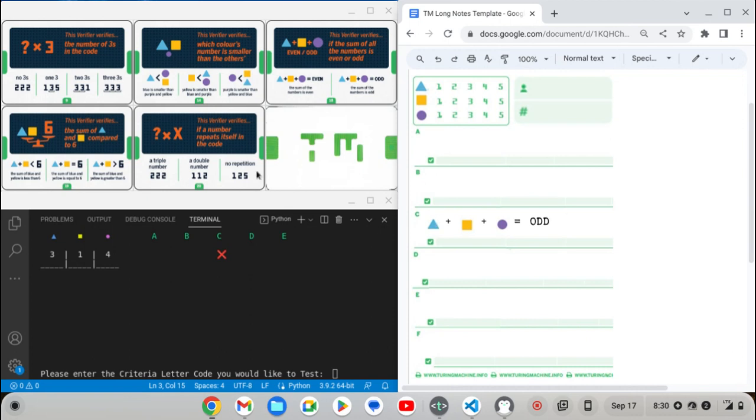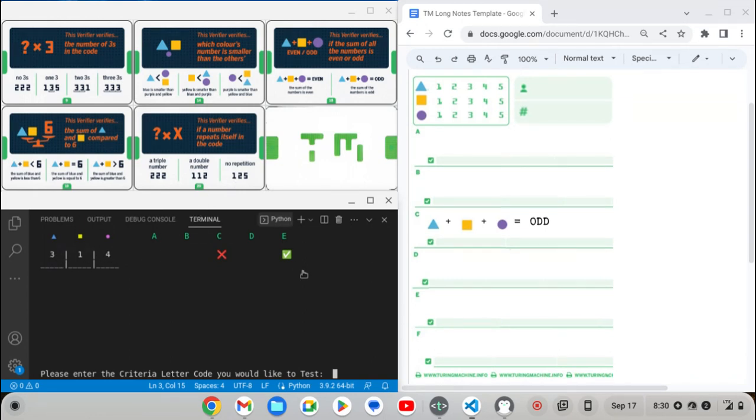But we do have this one criteria card E that can tell us whether maybe we have all unique digits or if there's a double. So let's go ahead and test criteria card E. Okay, so if you look at my proposal 314, those are all unique digits.